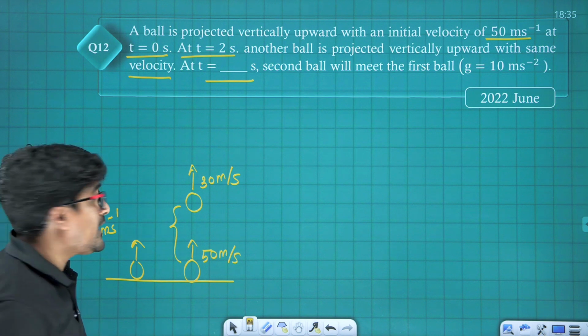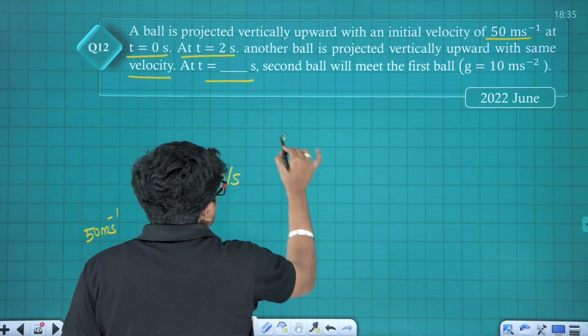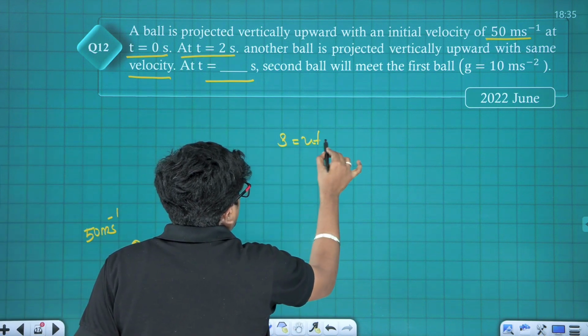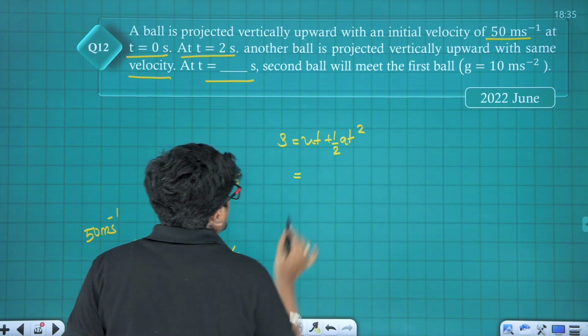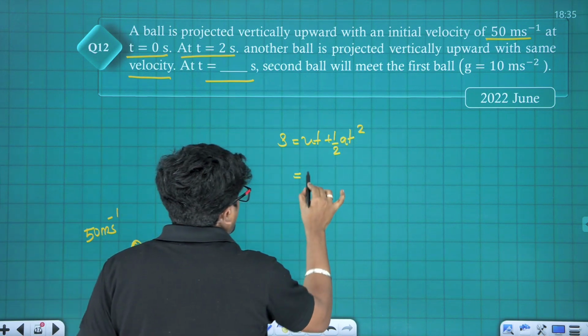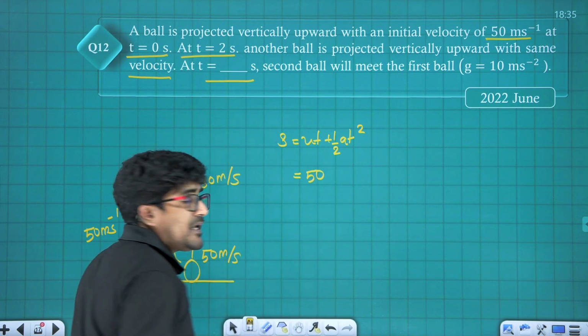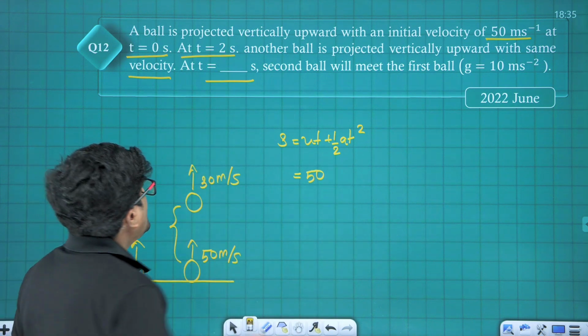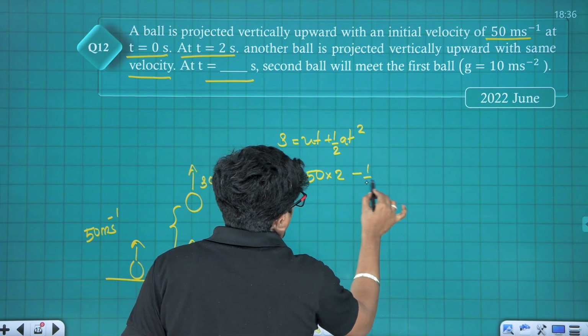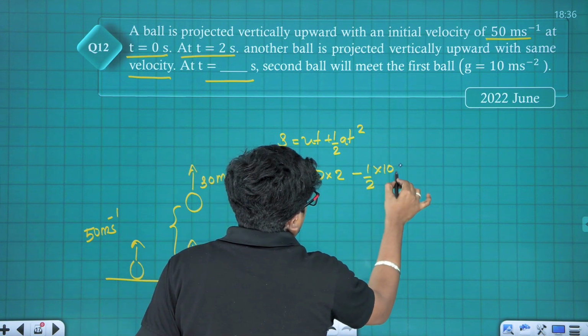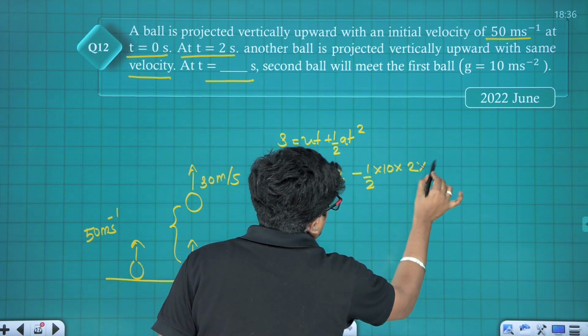Now let's see what that height is. That is going to be ut plus half of a t square. What was u? U was 50 in the upward direction, so I am going to take it as plus 50, into time taken, which is 2, minus half of 10 into 2 into 2.